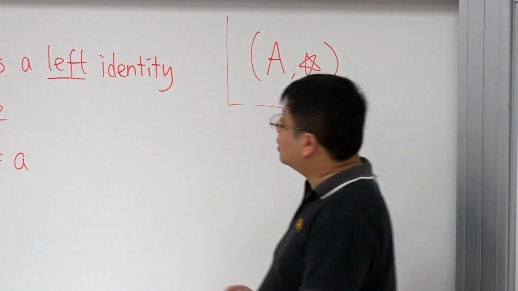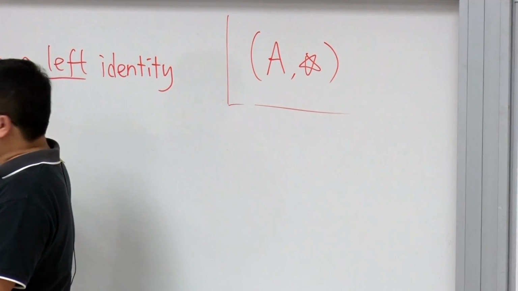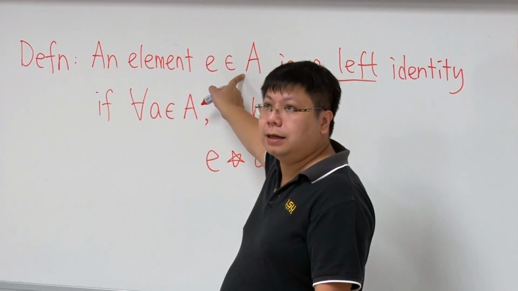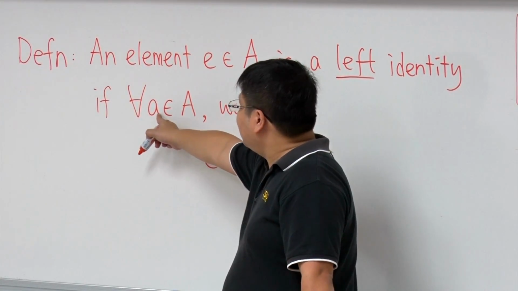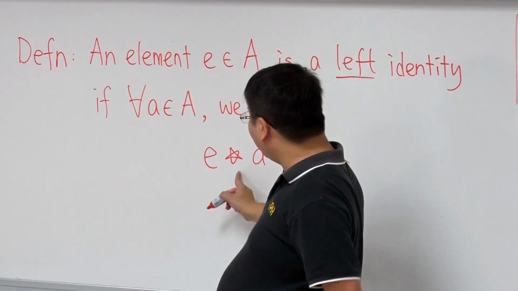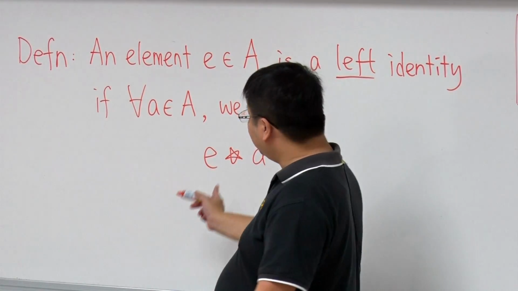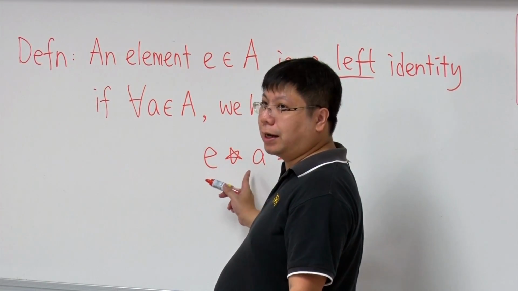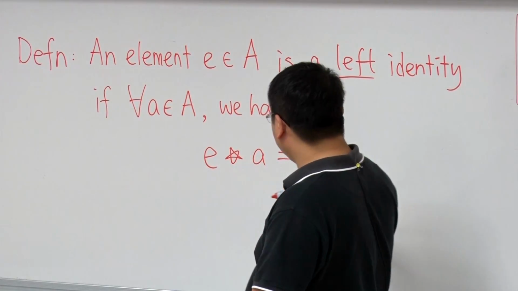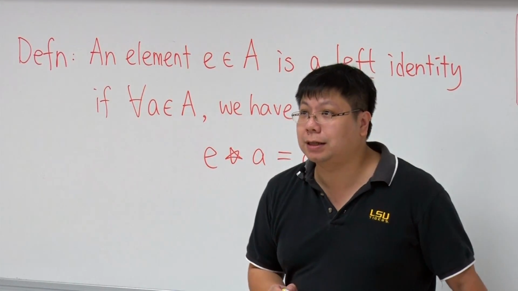If an element E taken from this set A has the property that when we multiply it on the left-hand side of any element A, it gets back to A, then it is called a left identity.